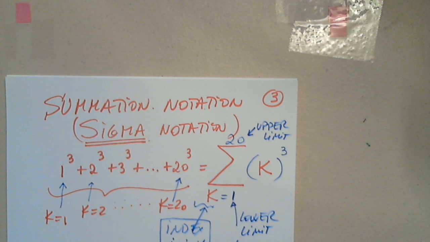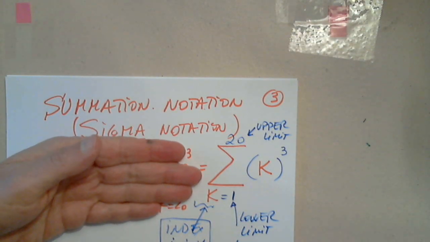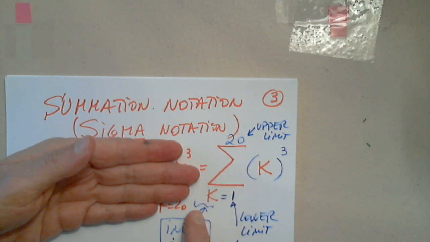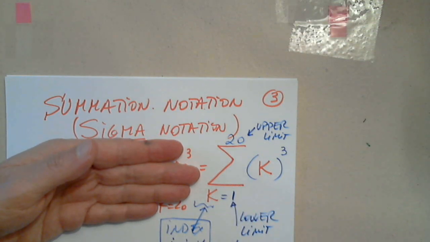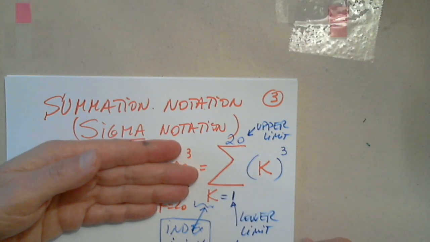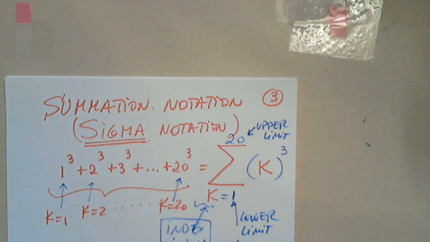So now I no longer need to write all this. If I'm told the sum from k equals 1 through 20 of k to the third, I know when k is 1, I have 1 to the third, when k is 2, 2 to the third, plus 3 to the third, plus 4 to the third, plus dot, dot, dot, plus 20 to the third. And this is what we call the sigma notation.